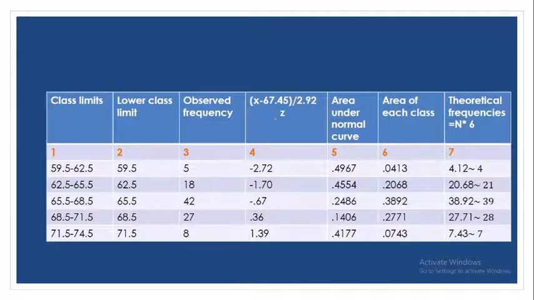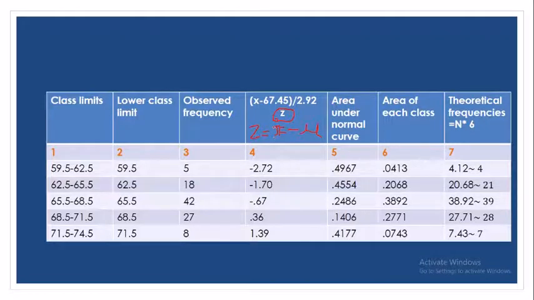In the fourth column you are going to apply a transformation, which you are very familiar with. That is, Z is equal to X minus mu divided by sigma. Please don't mind my handwriting, it's really annoying, I know that.